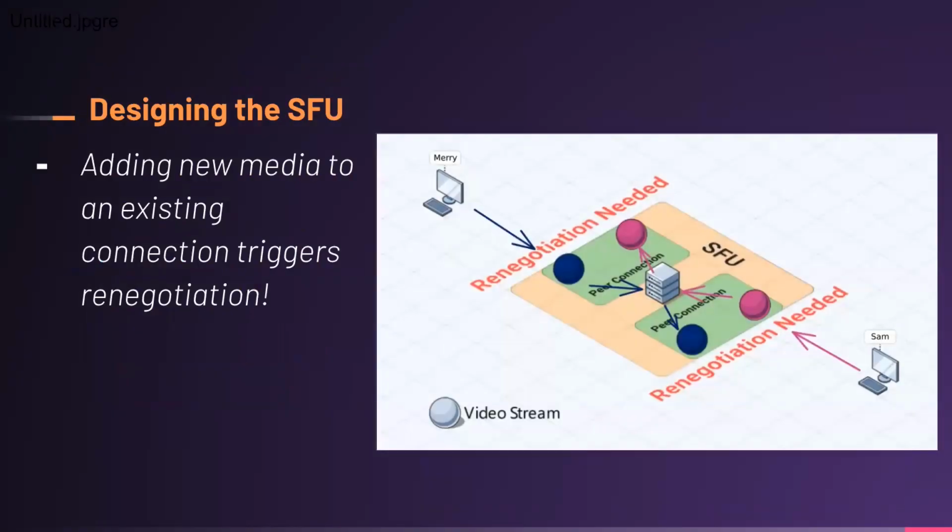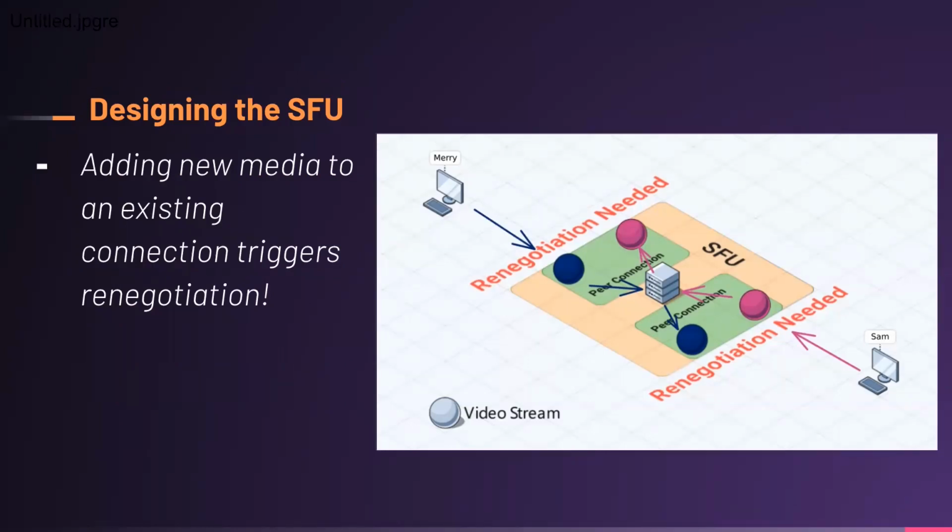However, there was a significant problem with this rudimentary approach: renegotiation. So, looking at this diagram, we have Sam and Mary again, but this time we're looking at a model of what the SFU and the clients kind of look like. So we have Sam and Mary on their computers, and then in the center, in the yellow box, we have the SFU.